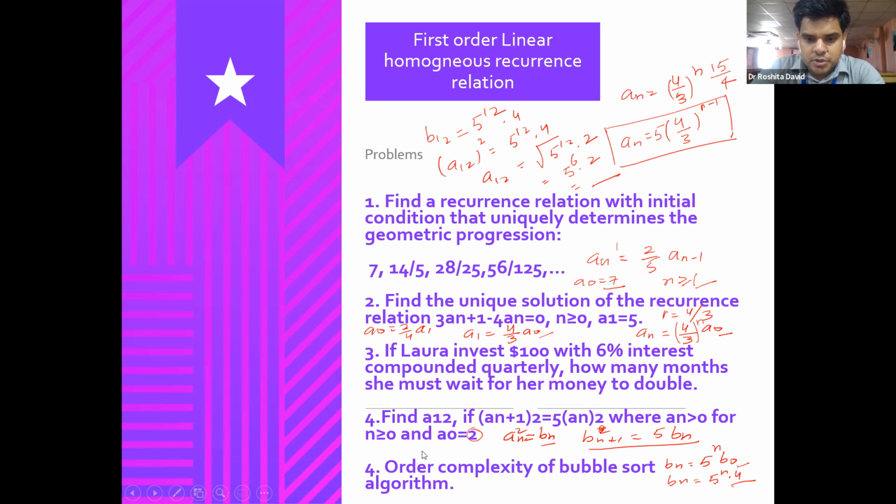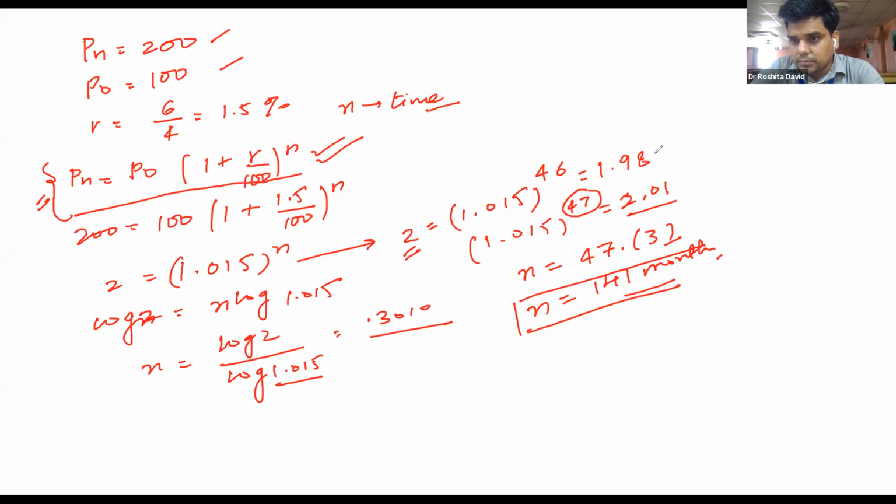Now the last question is the order complexity of the bubble sort algorithm. We want to find out the order complexity of the bubble sort algorithm. This is one of the applications of the linear first order homogeneous recurrence relation. No, it's not homogeneous, it's going to be non-homogeneous.